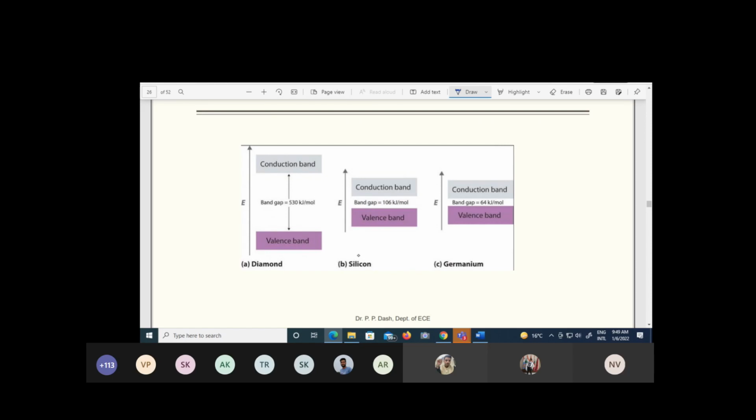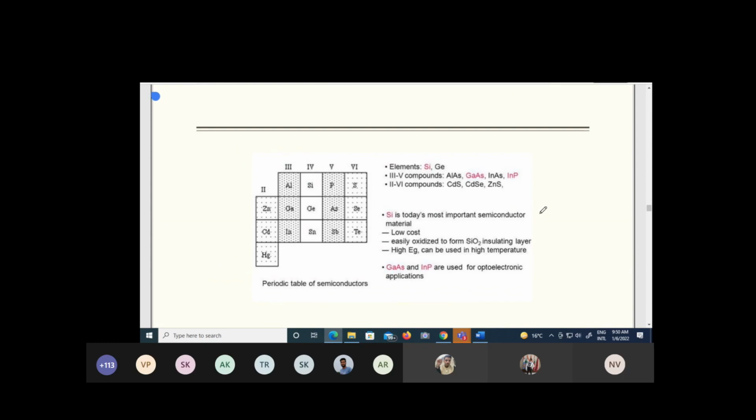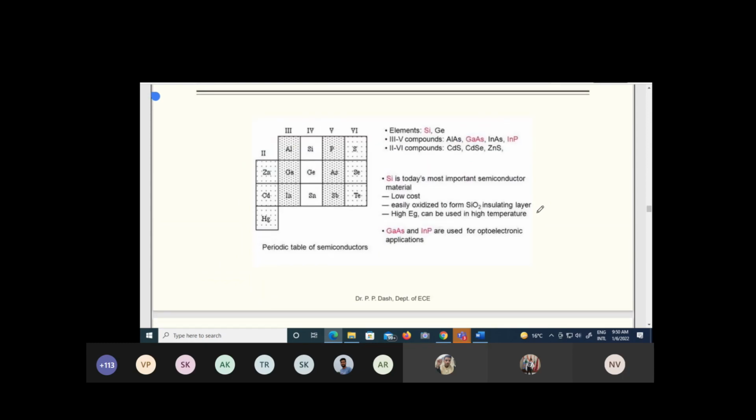In case of semiconductor, basically we are using silicon and germanium, but there are more semiconductor materials also. In silicon the band gap is 106 kilojoule per mole, and in germanium it is 64 kilojoule per mole. These two are mostly used as the semiconductor in our scope of the syllabus. Here we have this part of the periodic table which has the semiconductor materials.